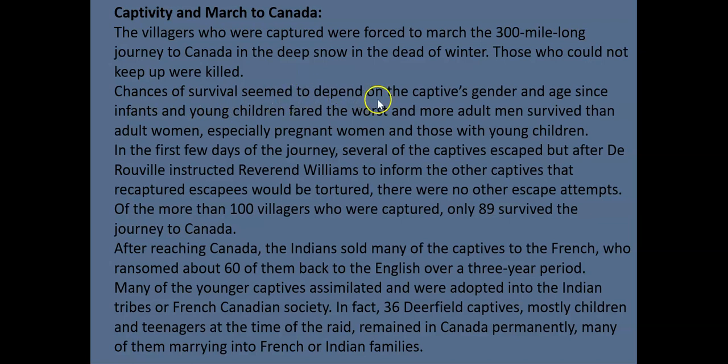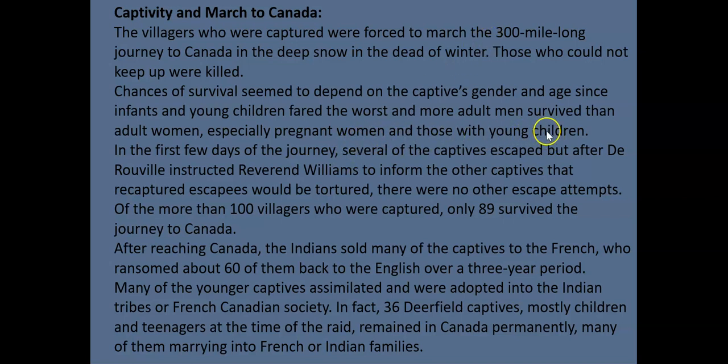Chances of survival seemed to depend on the captive's gender, whether they were a boy or a girl, and age. Since infants and young children fared the worst, that means they most often were killed. More adult men survived than adult women, especially if the women were pregnant. They probably wouldn't have survived this 300-mile-long march.